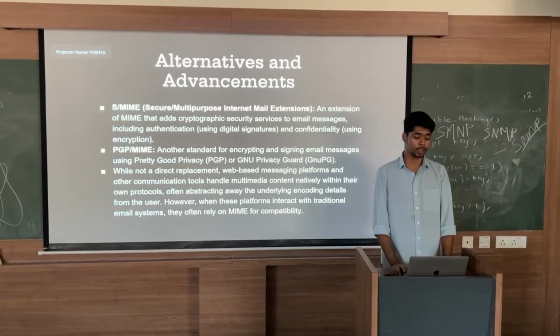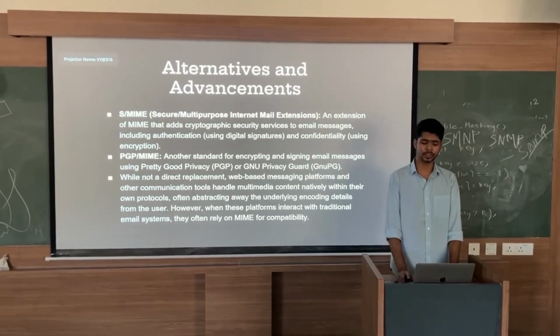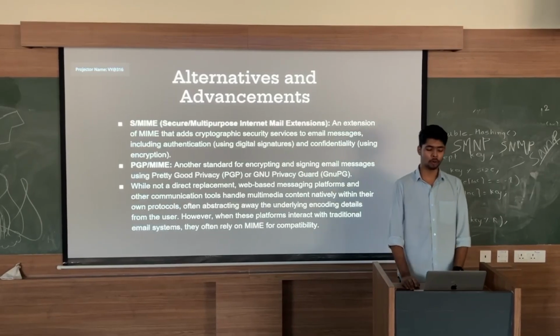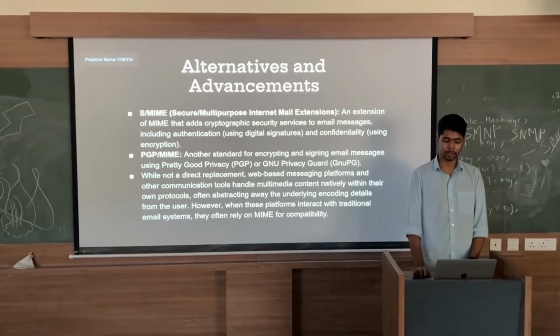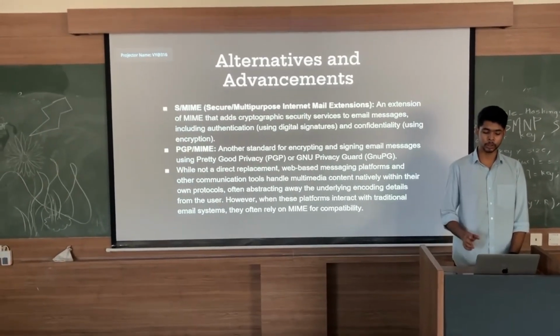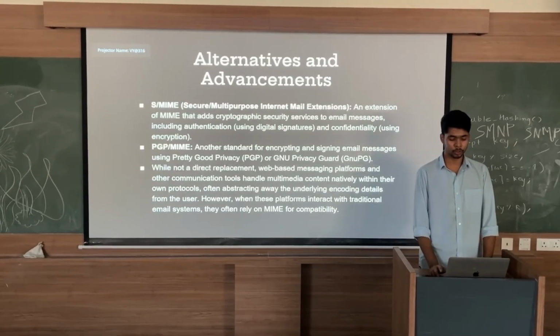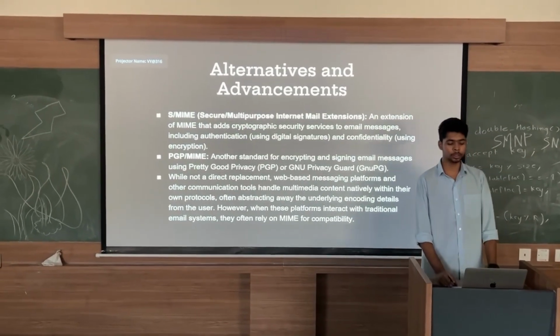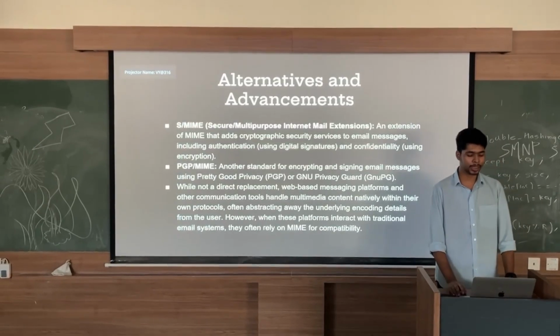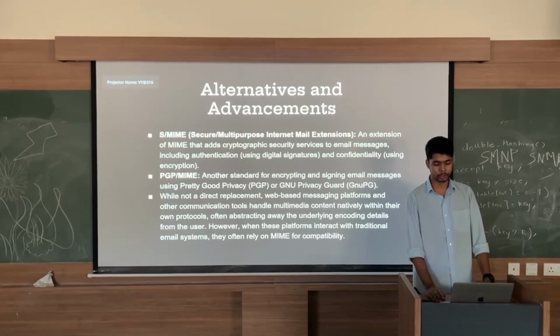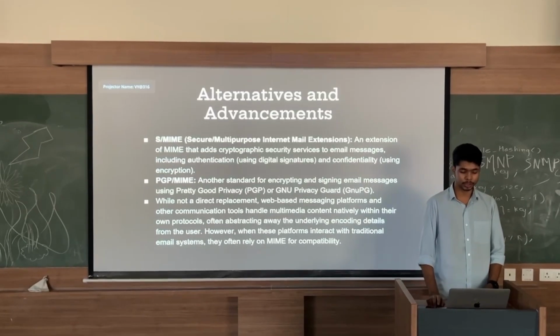Before MIME, there wasn't a universally accepted way to handle non-ASCII content in email. People often resorted to cumbersome manual encoding methods like uuencode and uudecode, which were not very user-friendly or reliable. In terms of advancements, we have protocols like S/MIME, which builds upon MIME to provide secure email communication through encryption and digital signatures.